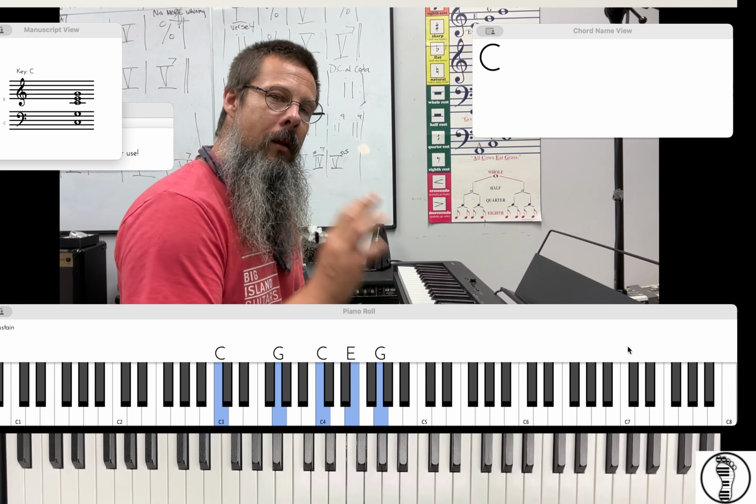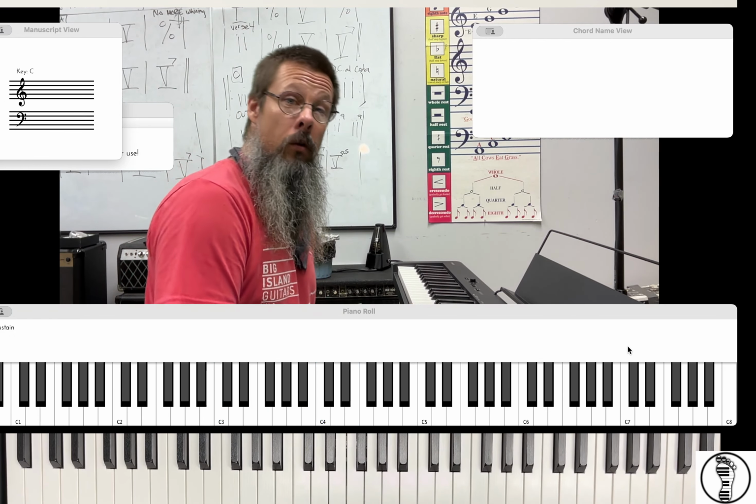Utilizing that dominant 7 or the minor 7th over the top of chords is lots of fun.